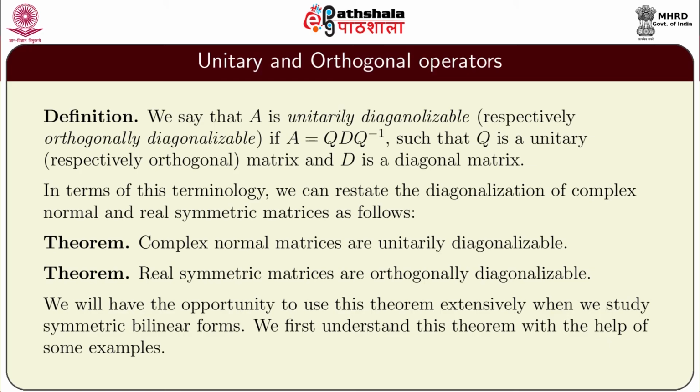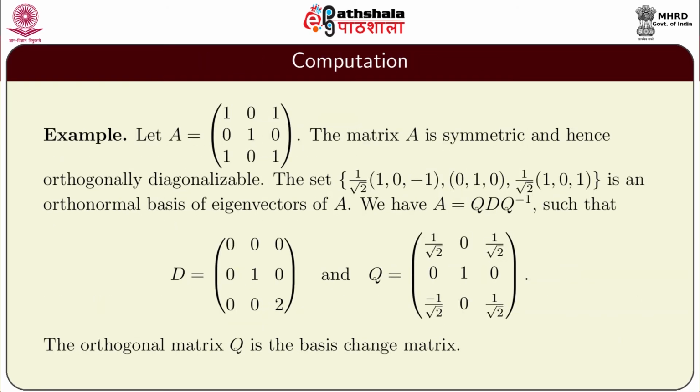We will have the opportunity to use this theorem extensively when we study symmetric bilinear forms. Let us first understand this theorem with the help of some examples. A is the 3 cross 3 real symmetric matrix given by 1 0 1 in the first row, 0 1 0 in the second row and 1 0 1 in the third row.